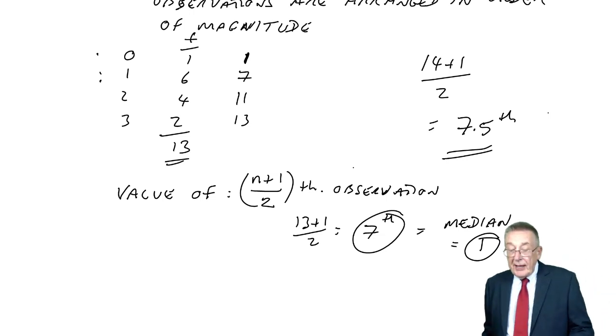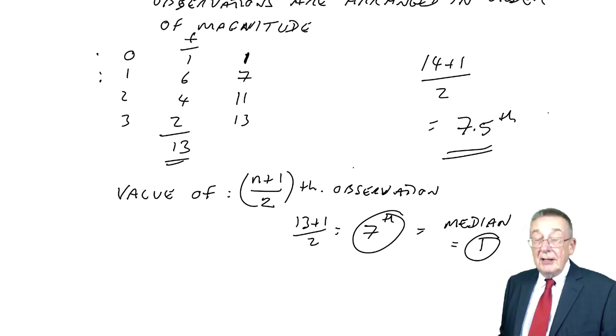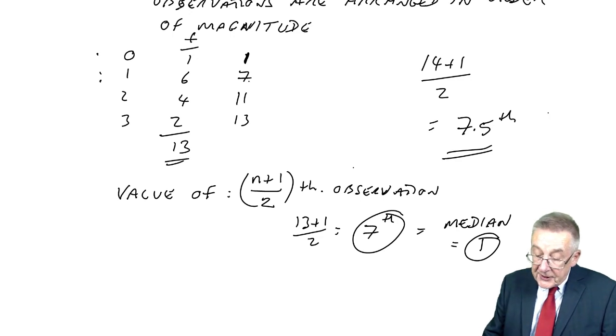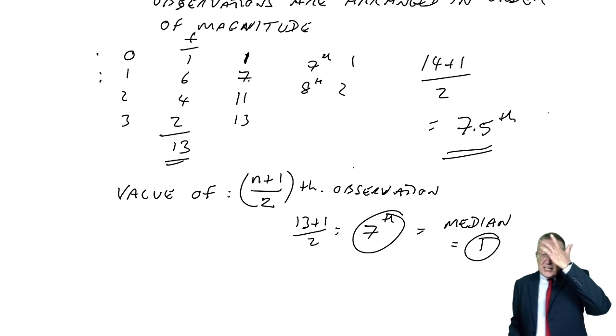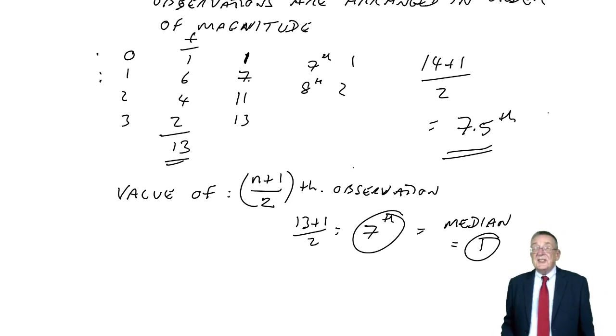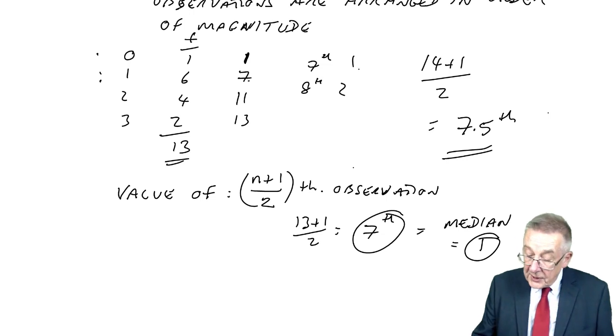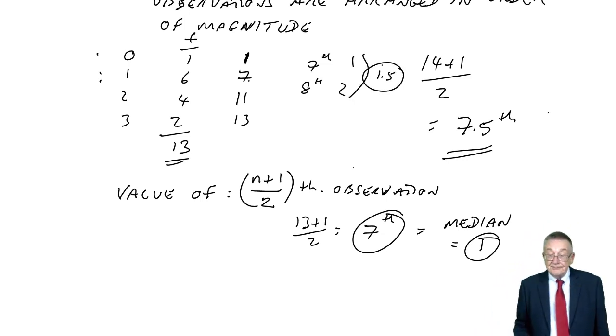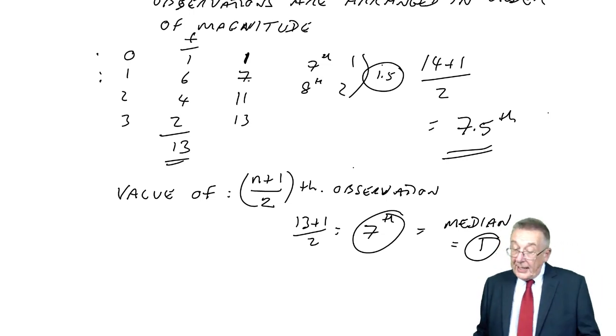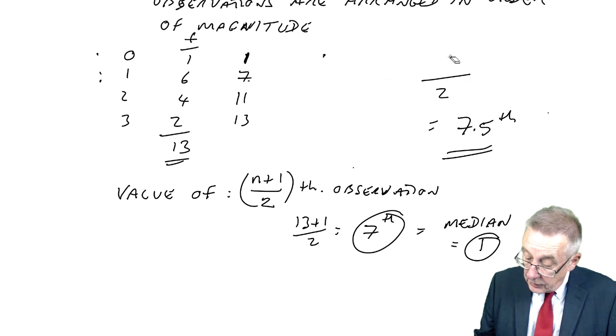But if I did want the 7.5th observation, we know the 7th is 1, but the 8th is 2, so you'd take halfway between the two, 1.5. So, think about that, but I hope not too much of a problem.